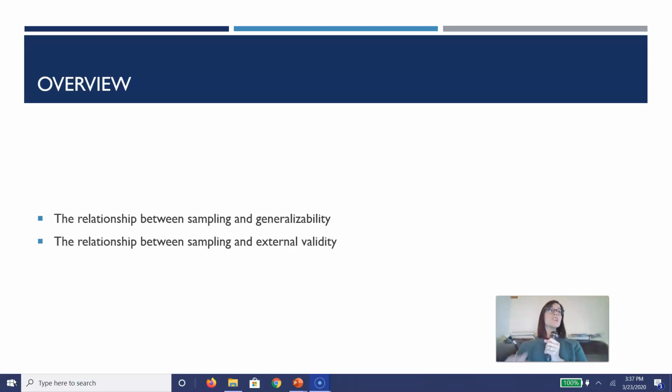Just as a reminder, external validity is basically, do the results of this study actually tell us more about humanity or about people beyond this particular, very specific scientific study? So how much does it generalize across other settings, other people, other times, things like that?